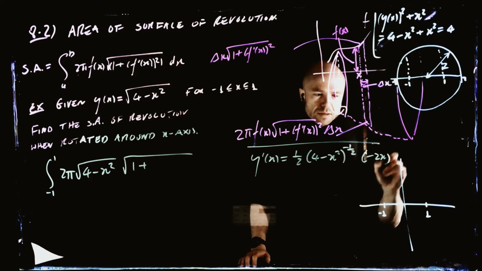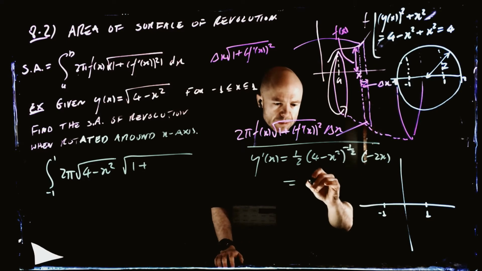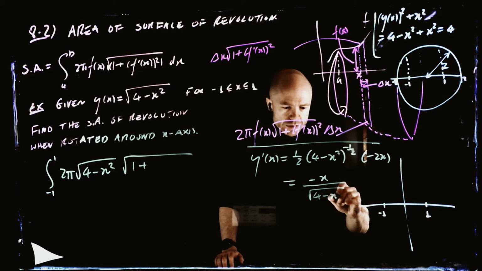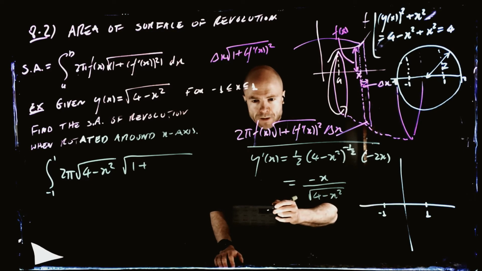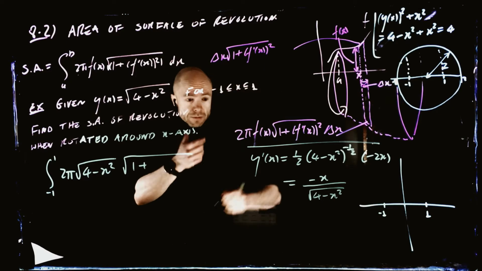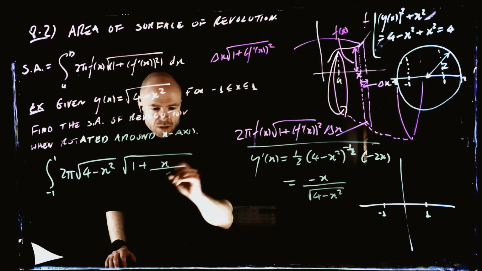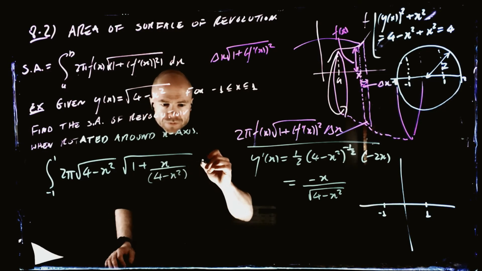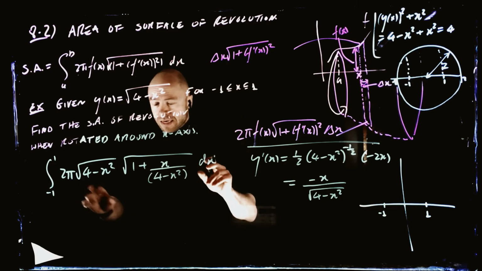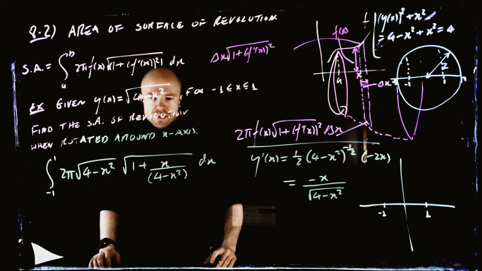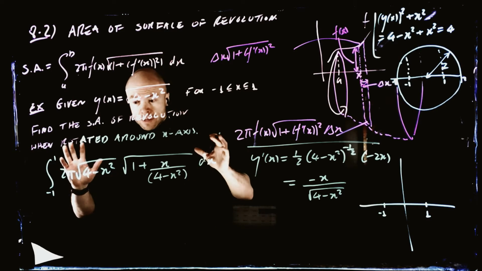It's minus 2x. So that cleans up to be minus x over square root of 4 minus x squared, like this. No? So we have this thing and we're going to square it. So we're going to have x squared over 4 minus x squared, dx. And that thing is our expression for the surface area of this surface of revolution.